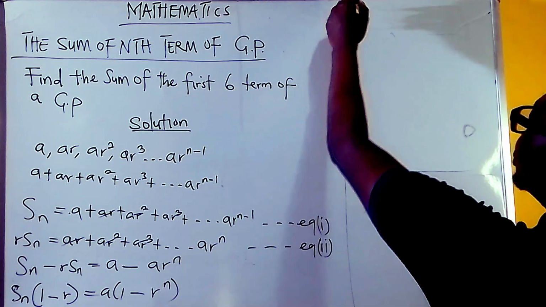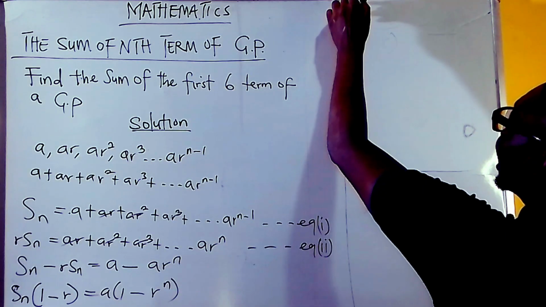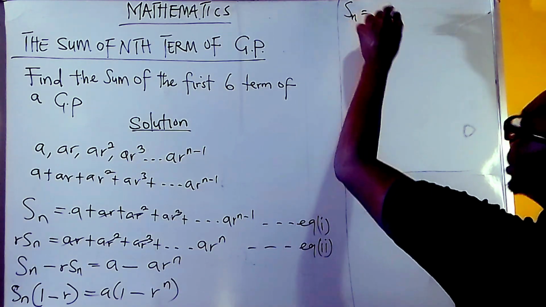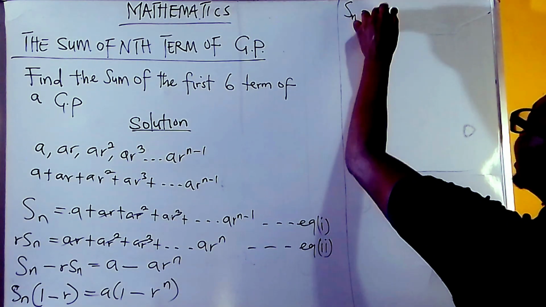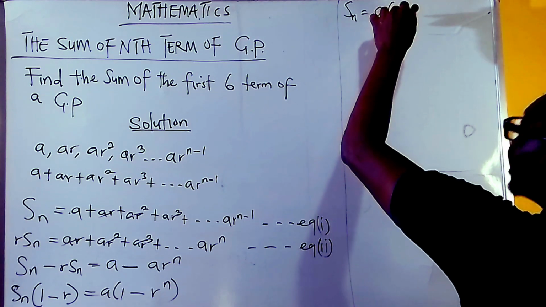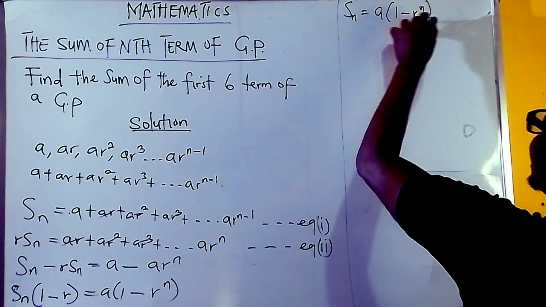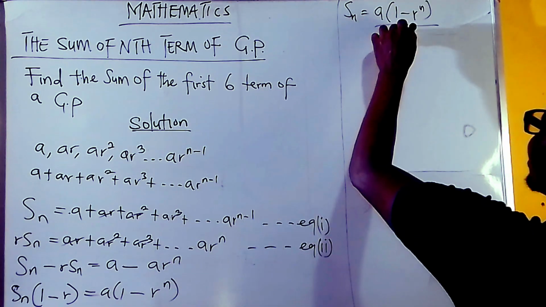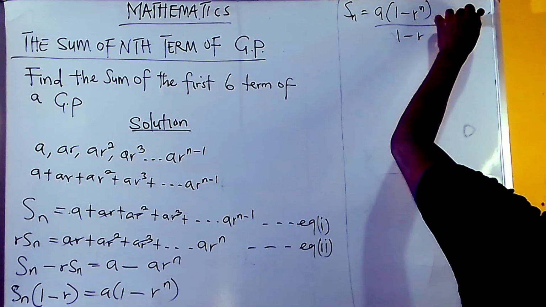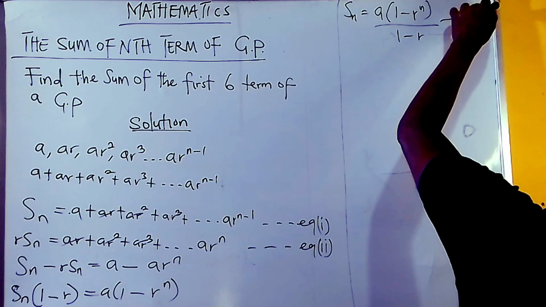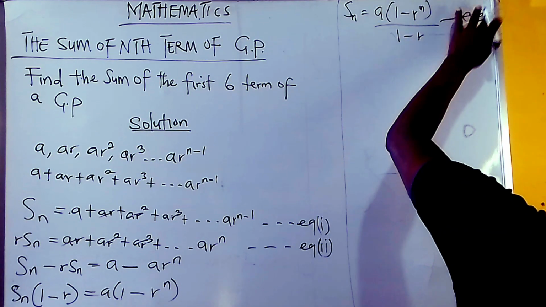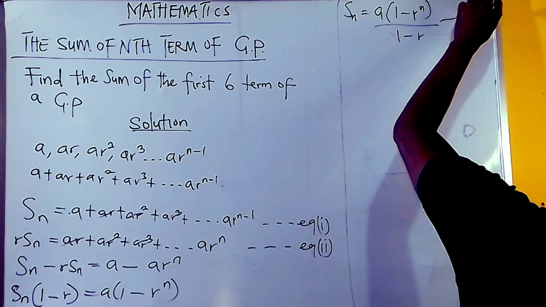So if you are dividing all through by 1 minus r, you have Sn is equal to a into 1 minus r^n all over 1 minus r. Let's say this is equation 3.